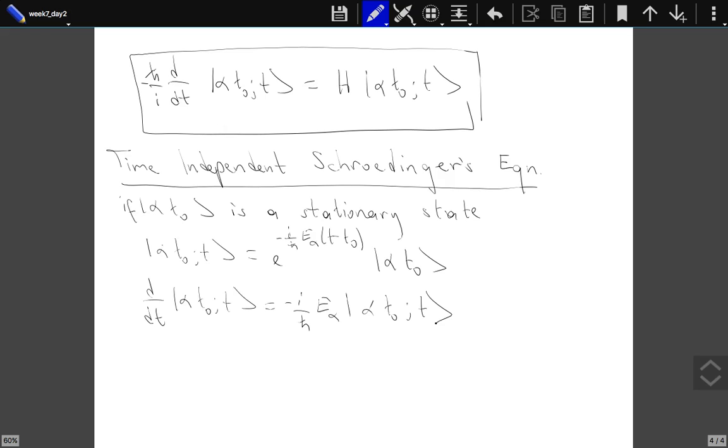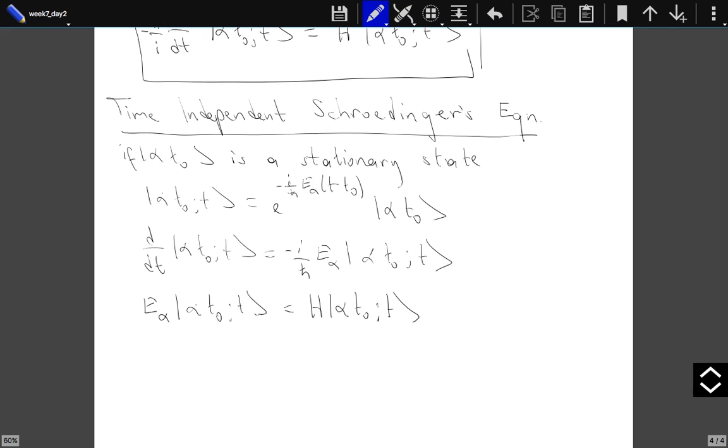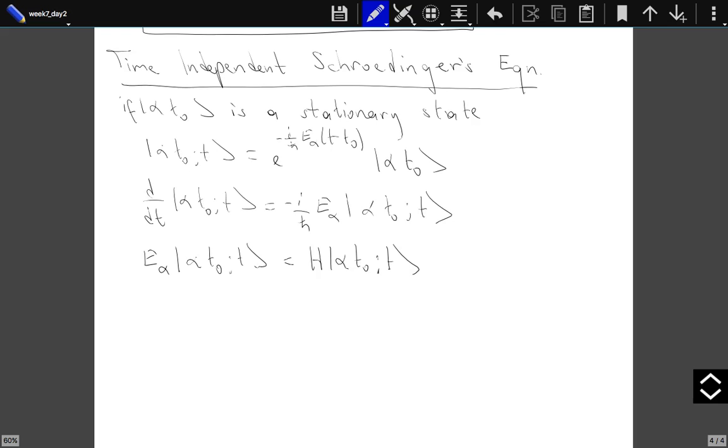And if you look at the equation in our first line, put this over there, we see that E_alpha times alpha, t0, t is equal to H acting on alpha, t0, t. It stays as an energy eigenstate with the same energy. This is, of course, assuming the Hamiltonian is time independent. Otherwise, we cannot do this.